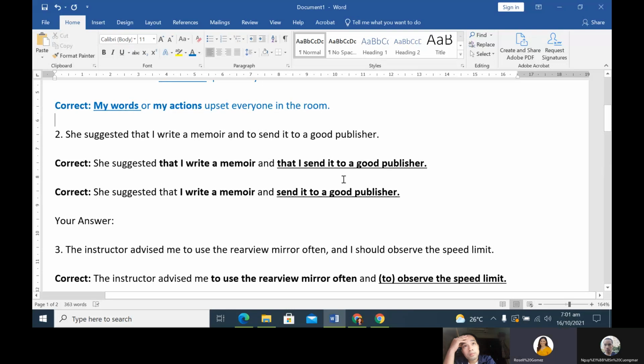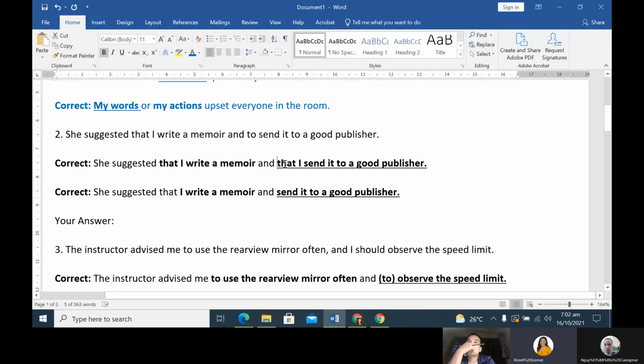A memoir is an article worth reading. Then, after writing, you have to send it to a good publisher so that it can be published and read by many readers. So, see, you have this similar construction: that I write a memoir. And what will you do after writing your memoir?